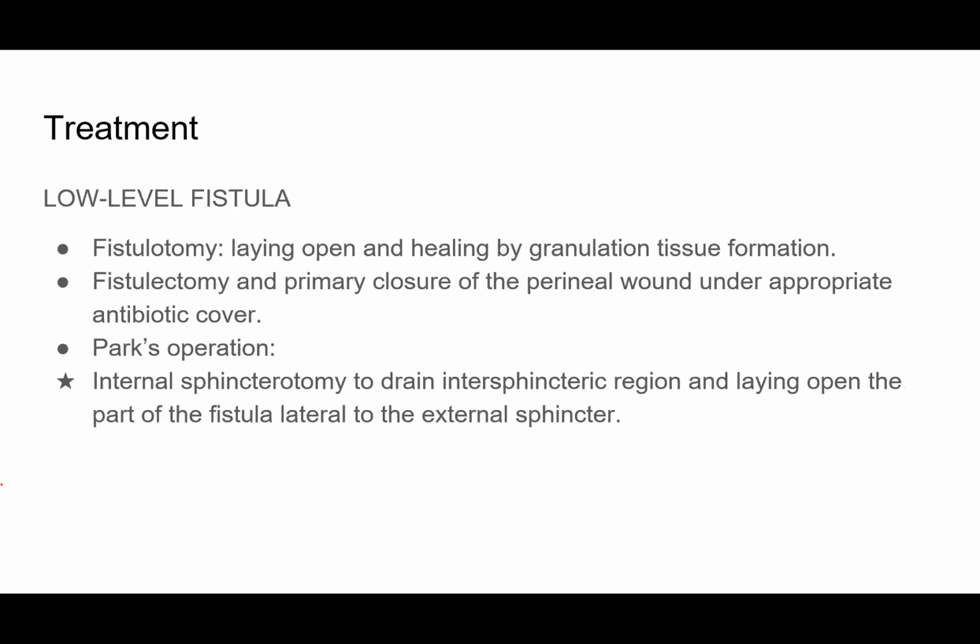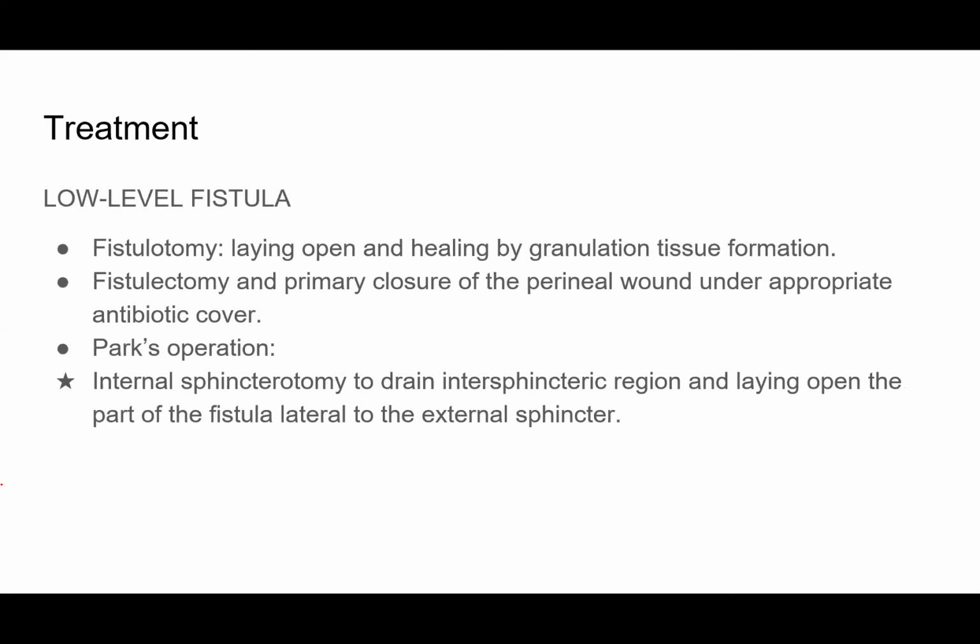So bearing in mind these principles of fistula repair, for low-level fistulas the treatment options include fistulotomy, which involves laying open the fistula and allowing healing by granulation tissue formation. Another method of repair is the fistulectomy, wherein the fistulous tract is completely excised, and then there's primary closure of the perineal wound under appropriate antibiotic cover.